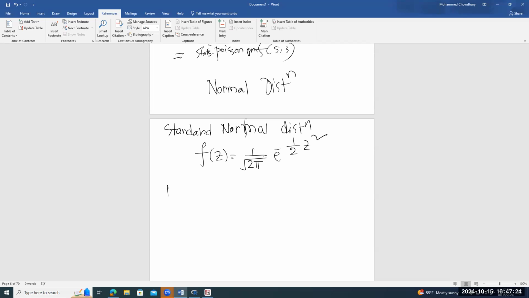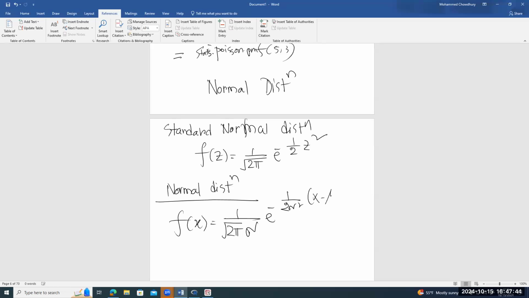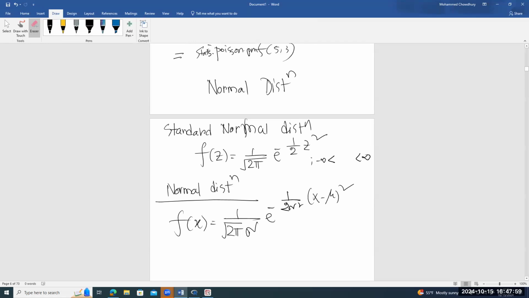And there is a normal distribution also, which has its own mathematical form. This is the continuous distribution.